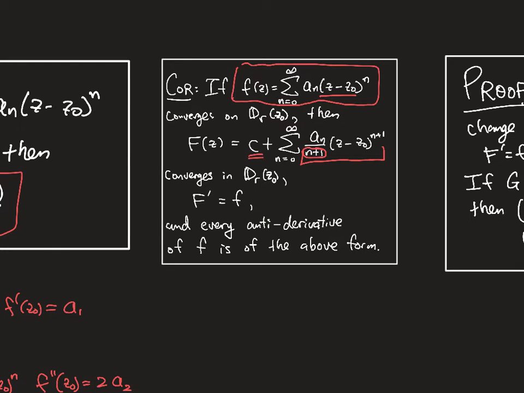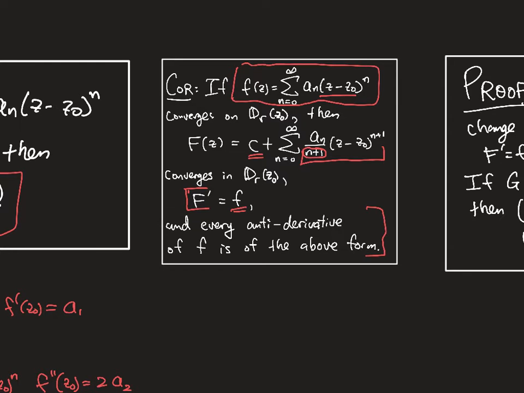And throwing a constant in front is not going to change the property that when I take the complex derivative of this power series, I'm going to get little f back. So this is just directly from the fact that we have the term-by-term differentiation formula.